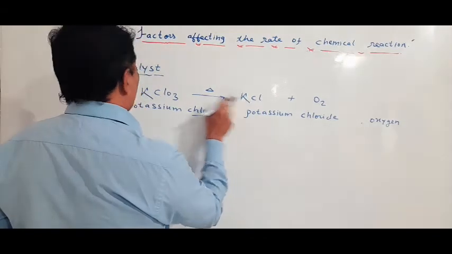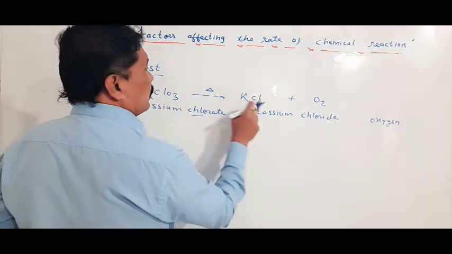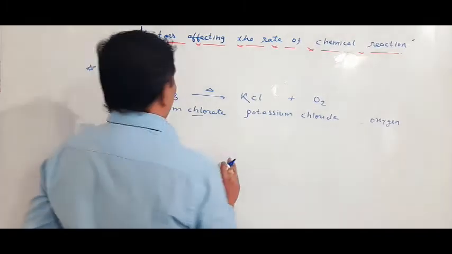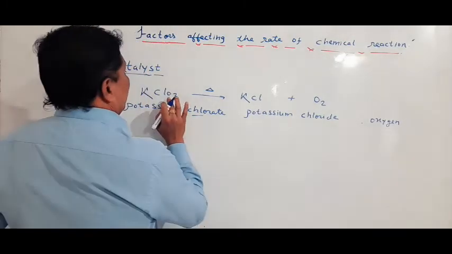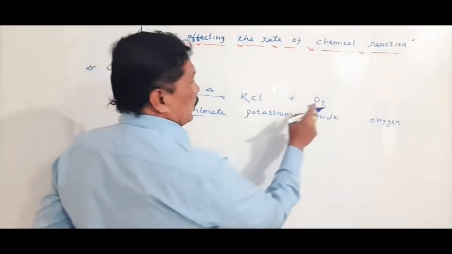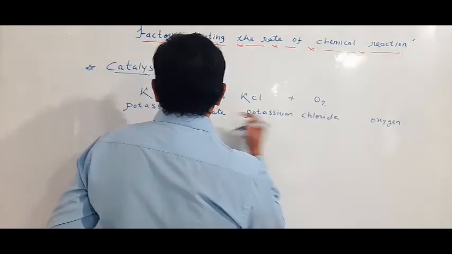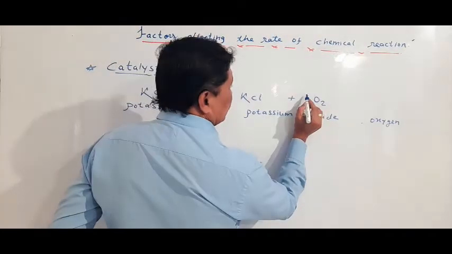Potassium 1, chlorine 1, and oxygen is 3 here, but here it is 2. So 3 will make it as 6.